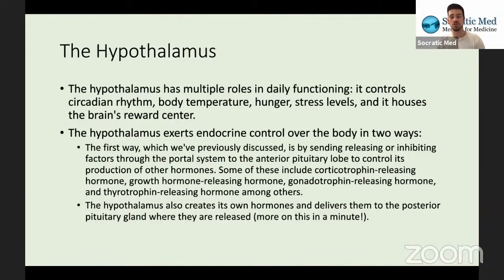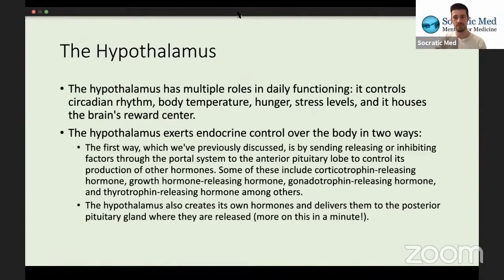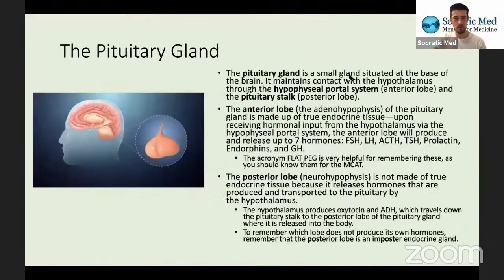So the hypothalamus releases tropic hormones that allow the anterior pituitary to release its own hormones, but it also creates hormones and delivers them to the posterior pituitary. I'm going to clarify this on the next slide, so if it's confusing, don't worry. We are going to talk about it right now.